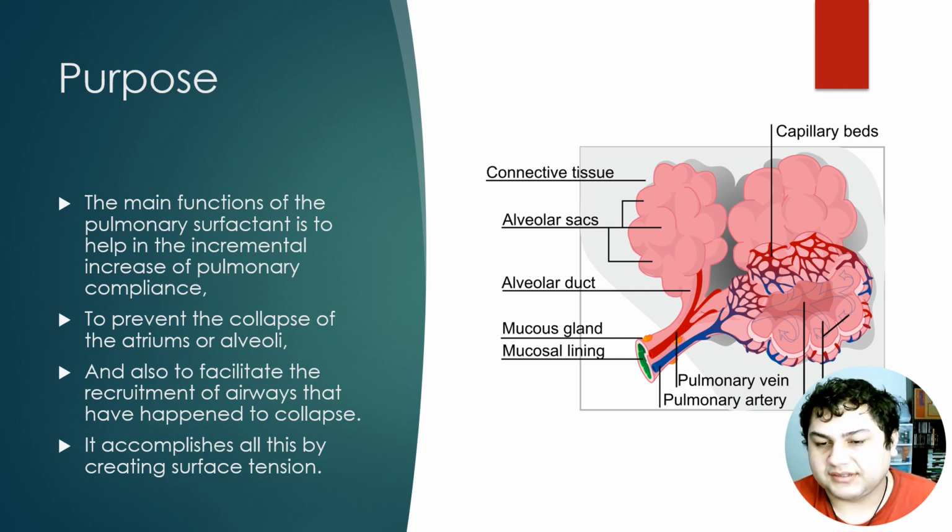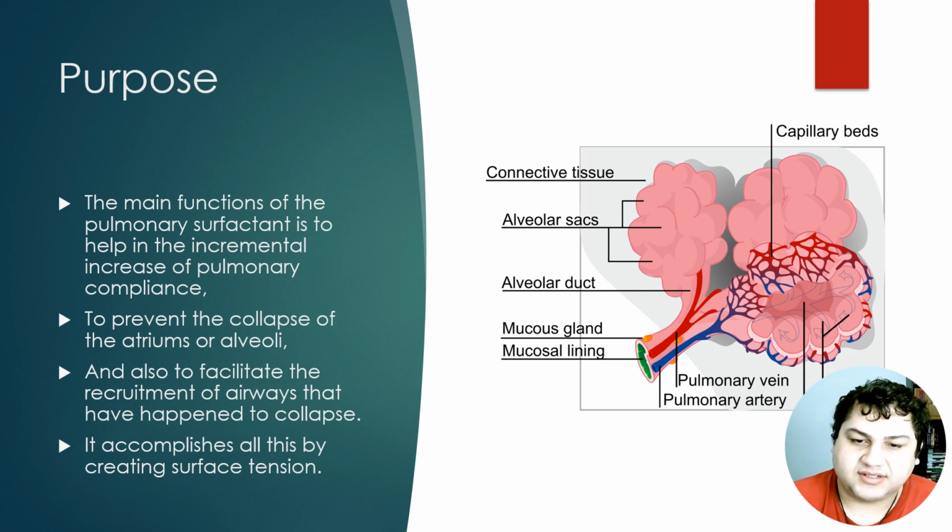Those are the minuscule sacs within the lungs that contract and retract to allow air to be pushed in and oxygenate the surrounding cardiovascular system. It also facilitates the recruitment of airways that have collapsed.